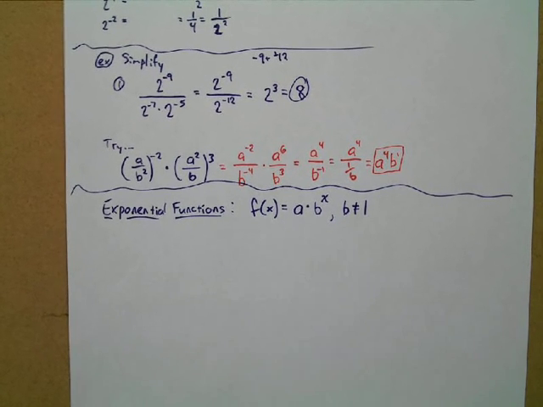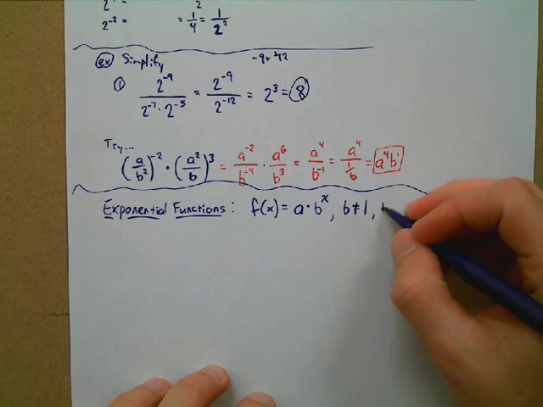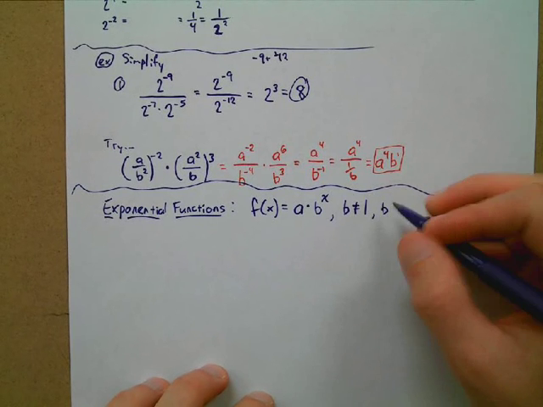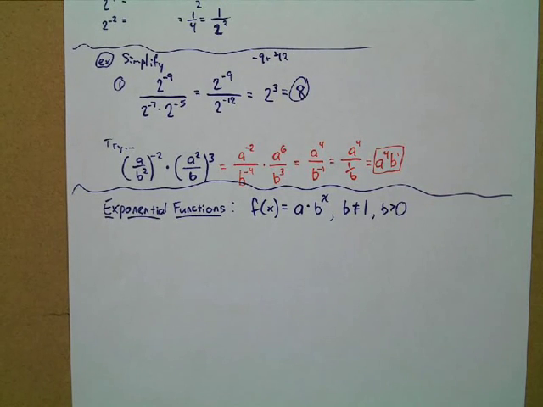Okay, simultaneously, we also need to stipulate that b is greater than 0. We obviously can't have b equal to 0, kind of for the same reason why we can't have b equal to 1. If b was 0, it would be 0 to an exponent, and the whole thing would be 0. It would just be graphing the horizontal line y equals 0.